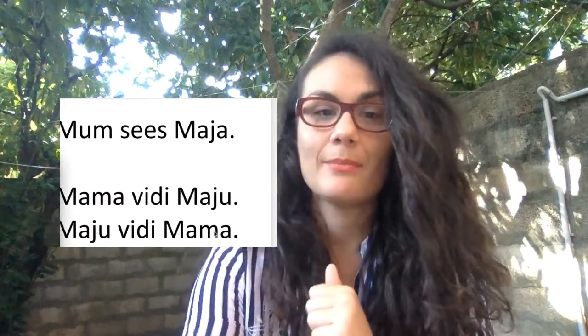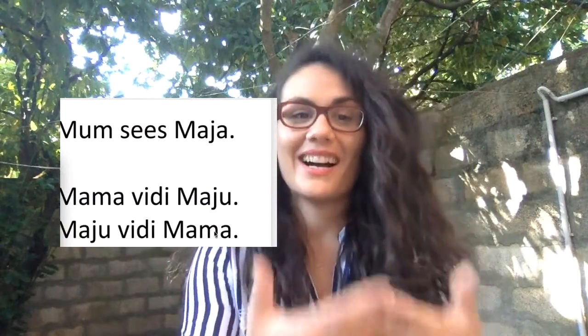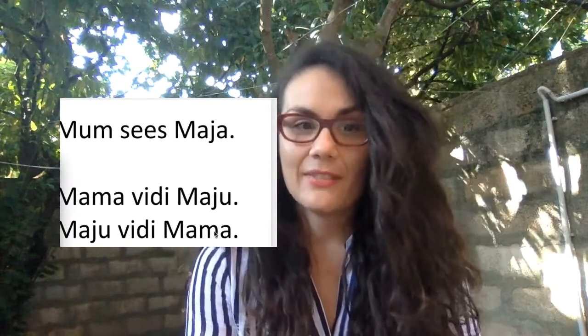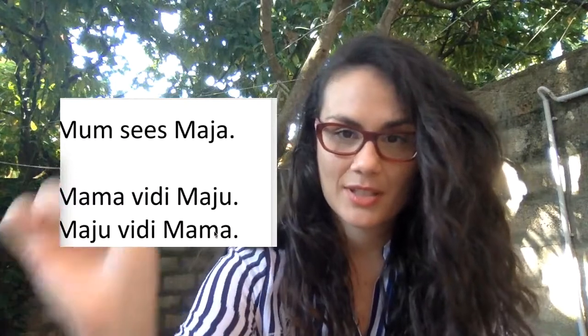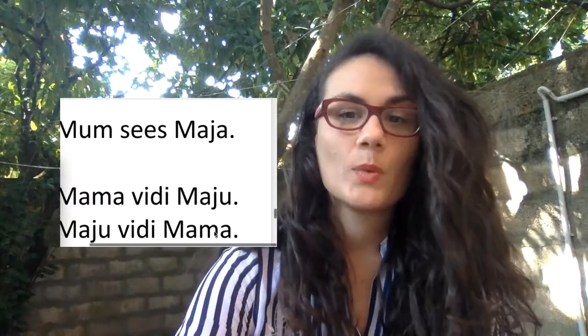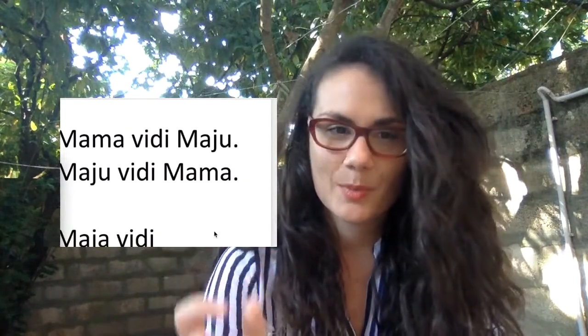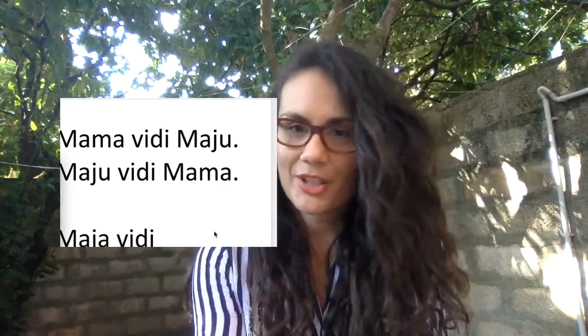Maju vidi mama is still the information that Maja is being seen by mom. If we would want to say the other English sentence that was at the beginning, we would have to change the forms of the words. We would have to use the form for the subject or for the object.